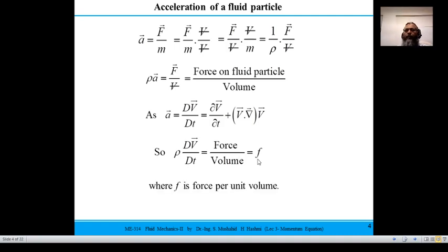So f is the force per unit volume and its units would be Newton per meter cube. Instead of talking about force in fluid mechanics, we talk about force per unit volume, which is rho times the acceleration.